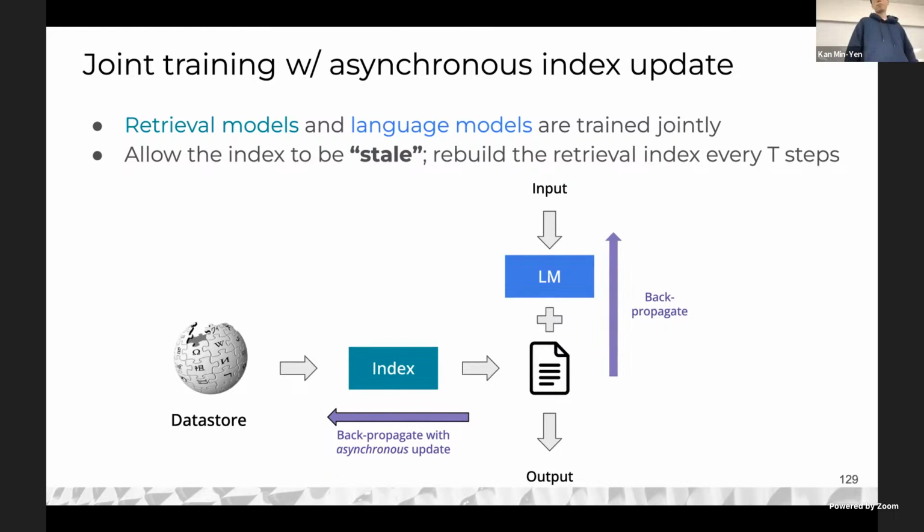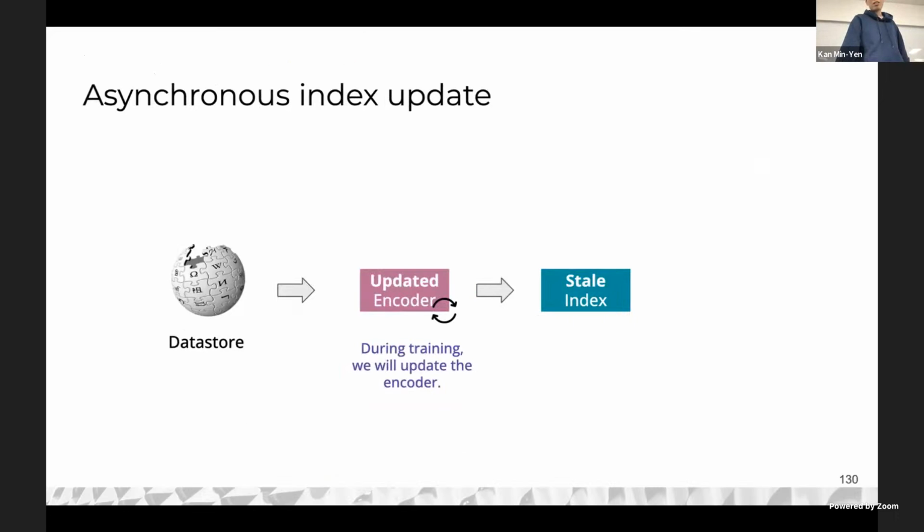So during training, the retrieval encoder will be updated, and the index will be stale, and only after T steps will the index be refreshed.